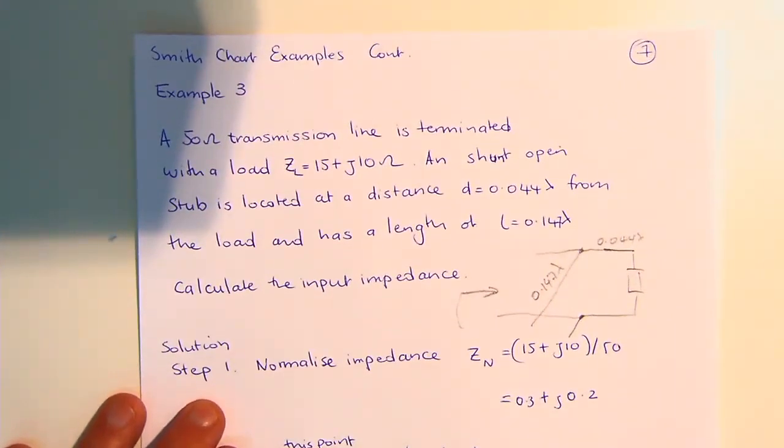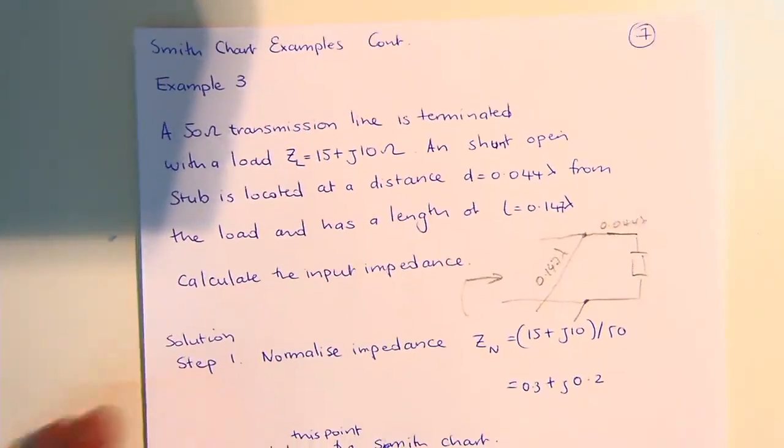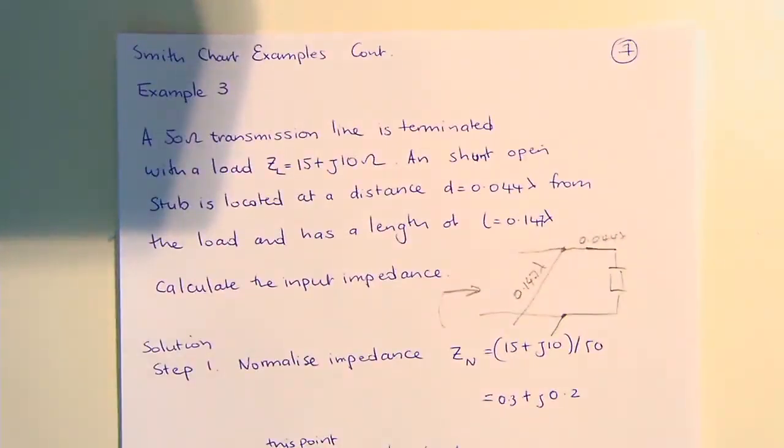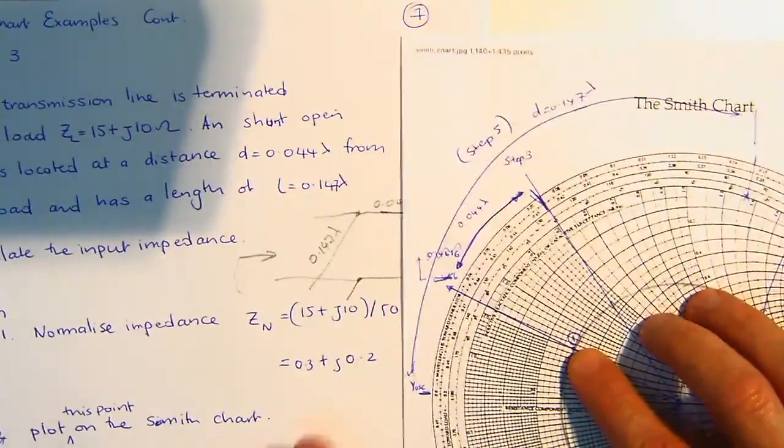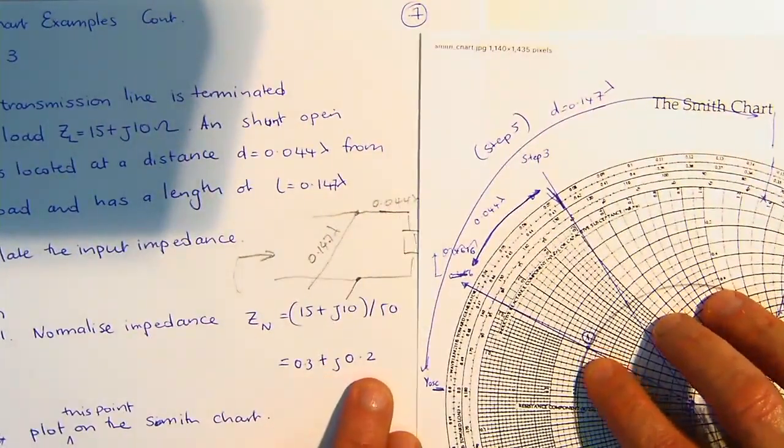Why? Perfect. All right. Good. So you've done that. Excellent. So we found the point on the Smith chart. All right. And what we're saying is it's 0.3 plus 0.02j.